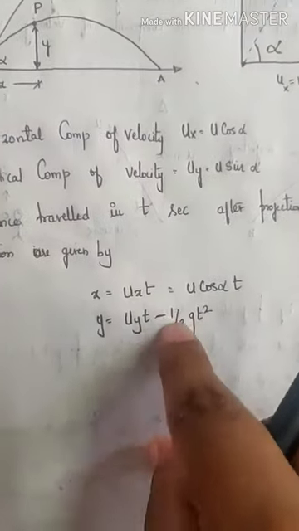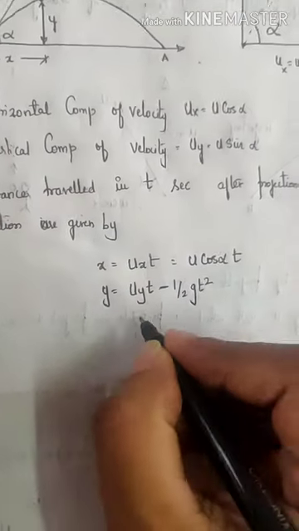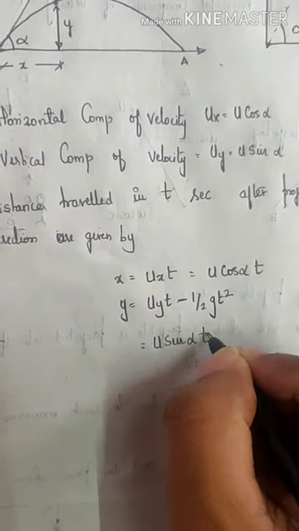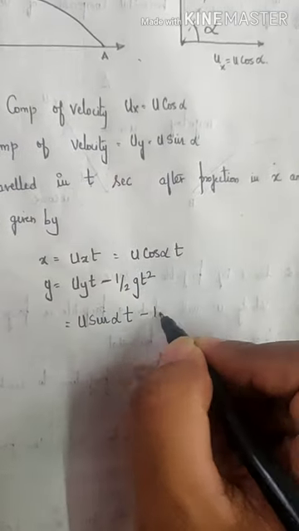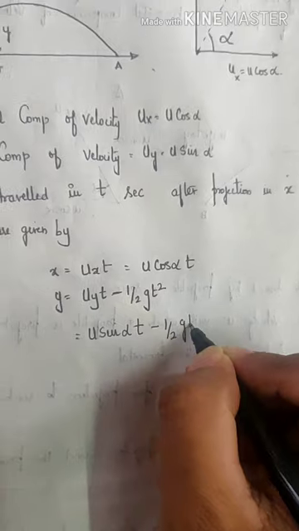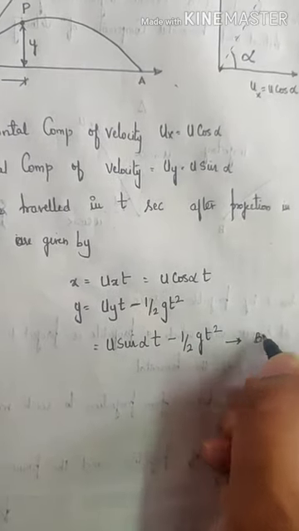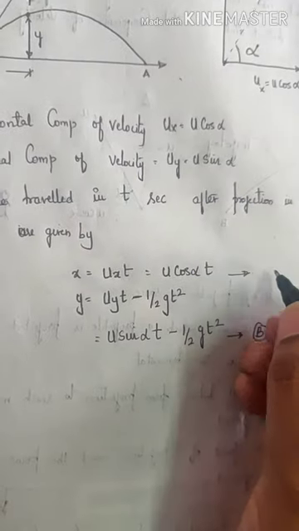Once the gravitational force overtakes, the object starts falling back. So y is u sin alpha into t minus half gt square. I'll mark this as equation B and the earlier one as equation A.